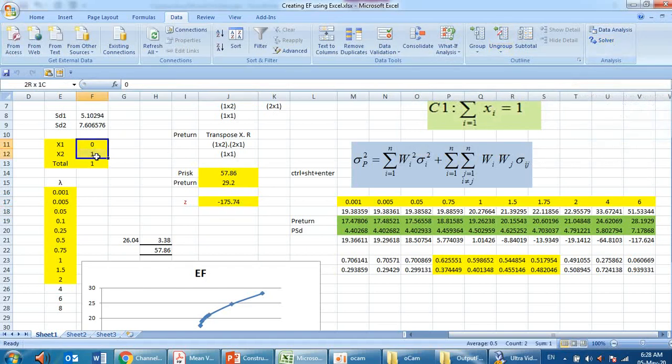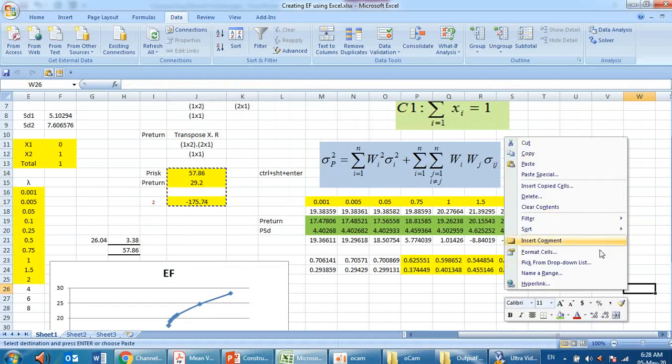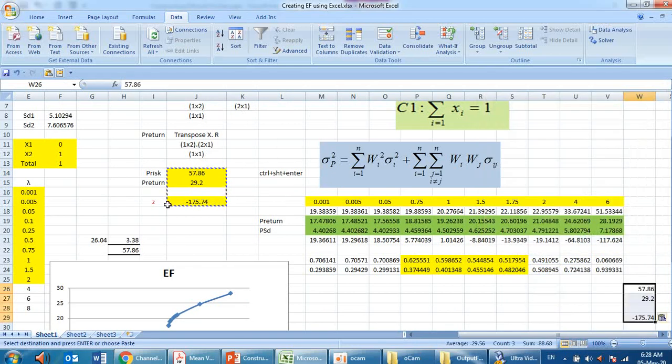The weights came like this. I'll copy, and the answer is like this. I'll put the answer over here. This is the answer I got with short sales not allowed and with the weights in it.